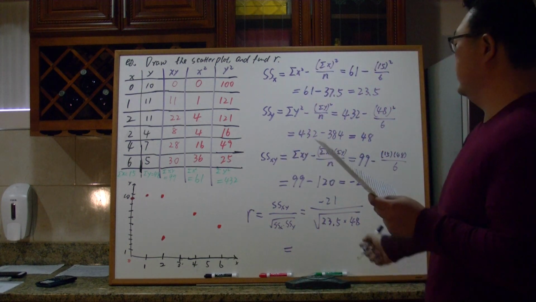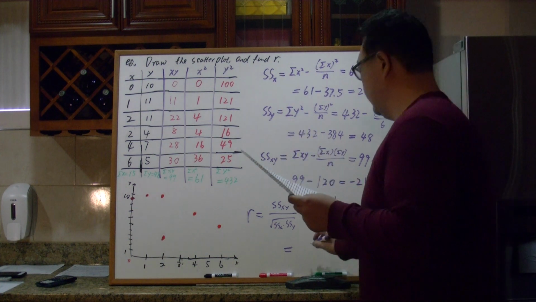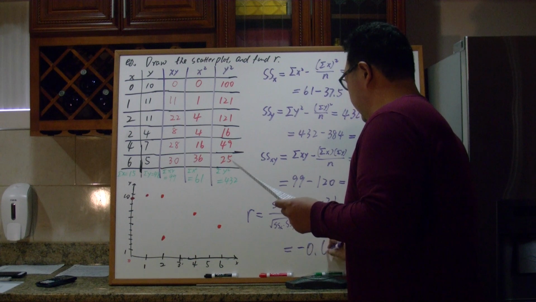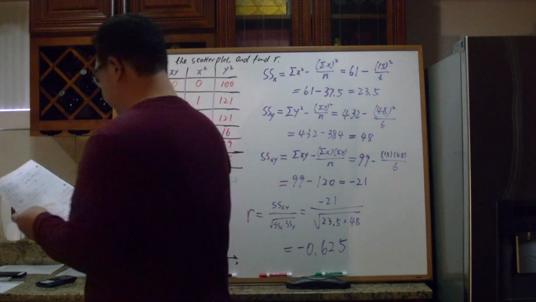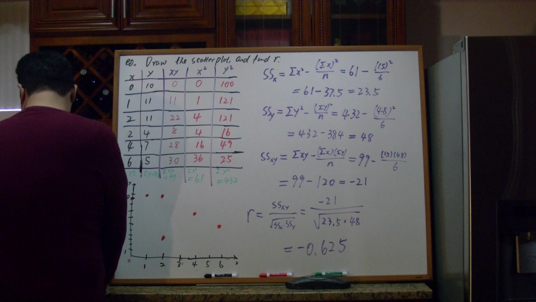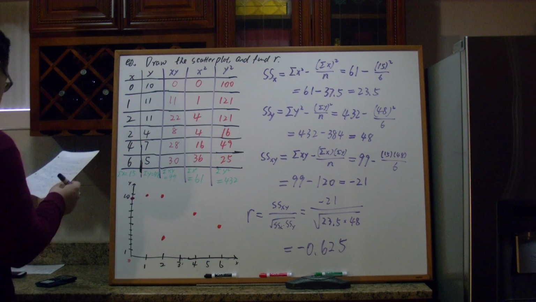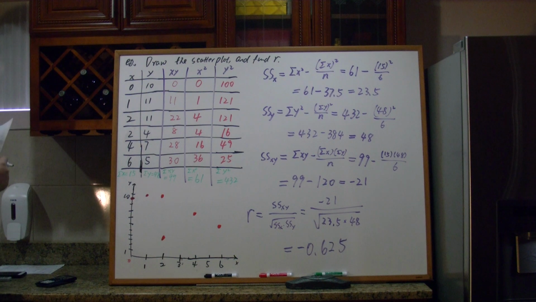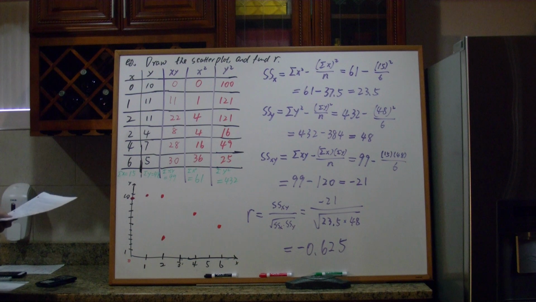So what we need to do is multiply and take the square root, then negative 21 divided by that result. We get negative 0.625. Keep the result again to 3 digits of decimals.